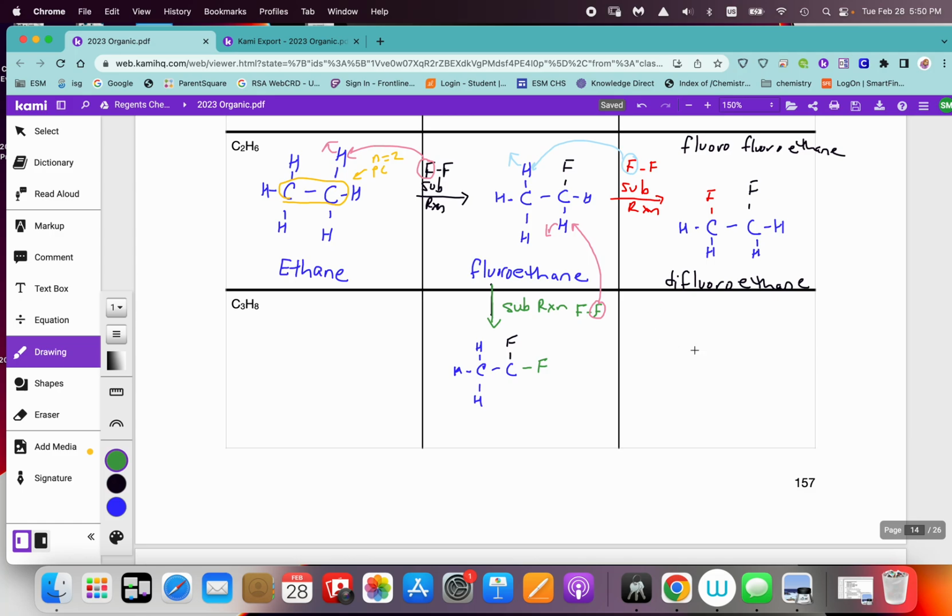Now, like the example up here, it still is a 2-carbon chain, which makes it ethane with a single bond. It has 2 halogens attached to the structure. Oh, I see, I forgot a hydrogen there. Okay, so we have a fluoro, which I can also reduce down to difluoro.